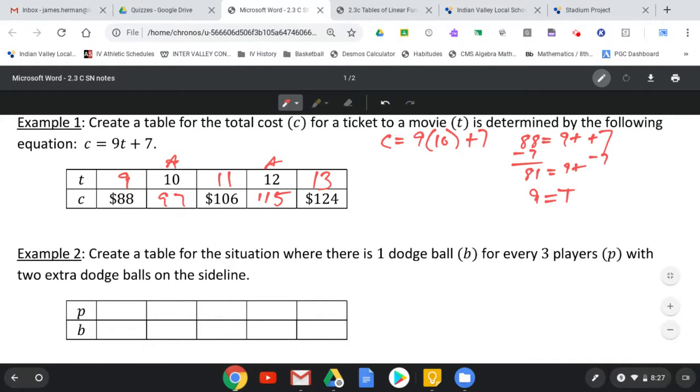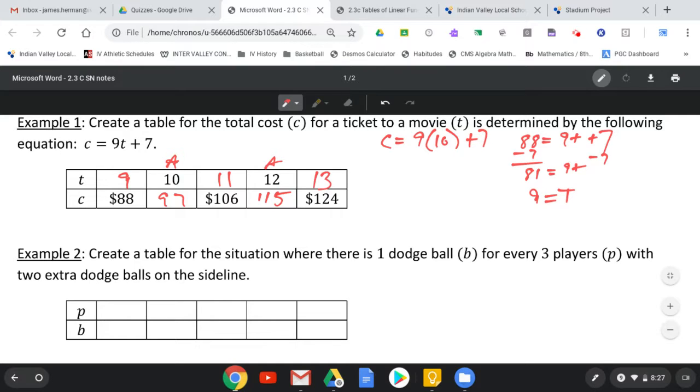Example 2, create a table for a situation where there is 1 dodgeball for every 3 players with 2 extra dodgeballs on the sideline. There is 1 dodgeball for every 3 players. What's the rate of change here? 1 over 3.